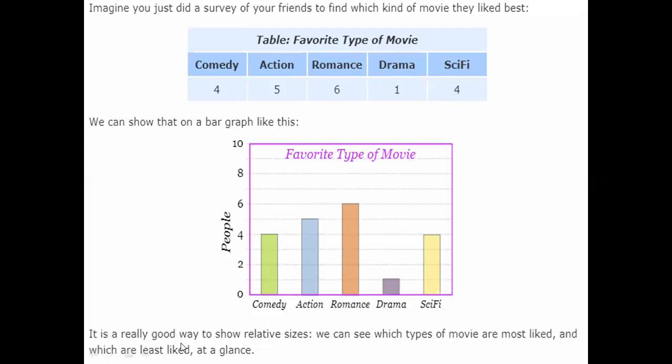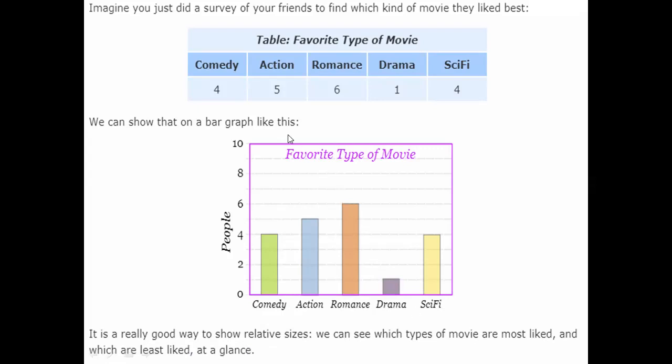It is a really good way to show relative size. We can see which types of movies are most liked and which are least liked at a glance. By seeing it once only, you will know immediately. First, your attention will go to drama being very low, and maybe romantic movies being liked by more people.